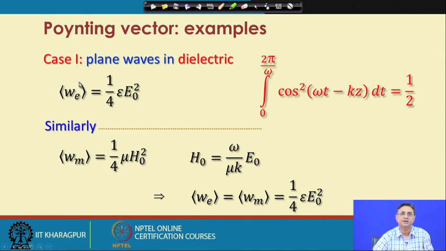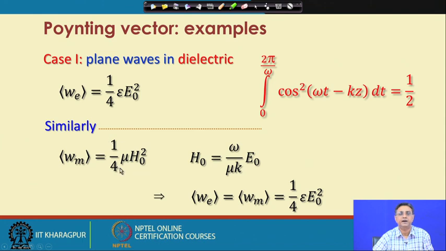So, the time average of the energy density associated with the electric field will be equal to 1 upon 4 epsilon E naught square, where E naught is the amplitude of the electric field. In the same way, if I consider the energy density associated with the magnetic field, we can calculate it to be equal to 1 upon 4 mu H 0 square, where H 0 is the amplitude of the magnetic field.